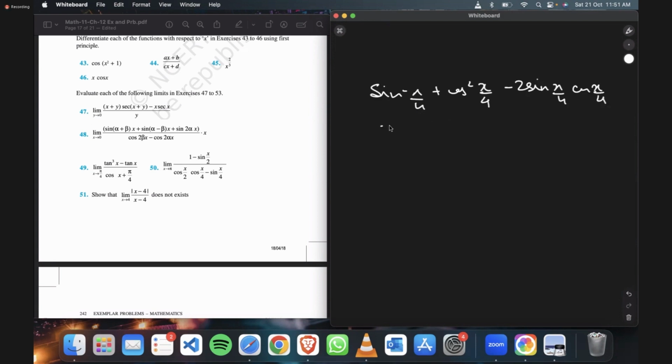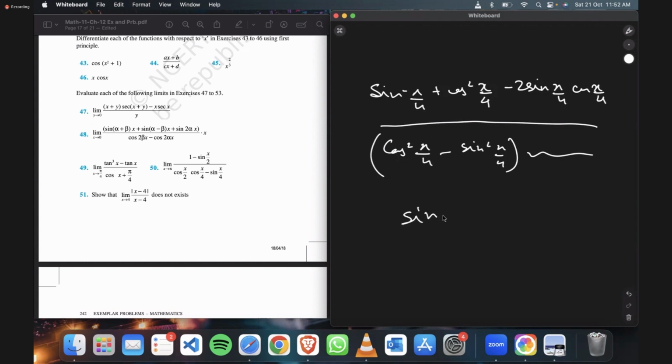And in the denominator, what did I have? In the denominator, I had cos square x by 4 minus sine square x by 4, and the whole thing multiplied with cos x by 4 minus sine x by 4. Yeah. So there's a larger term over here. I'll just put in that value. So now this whole term over here, this will return a value for what?